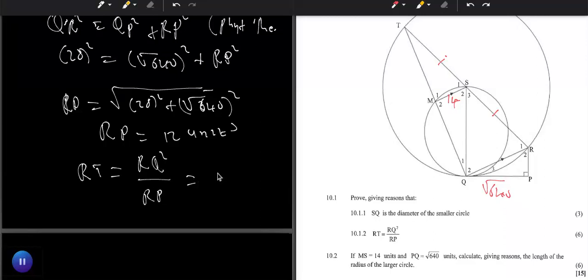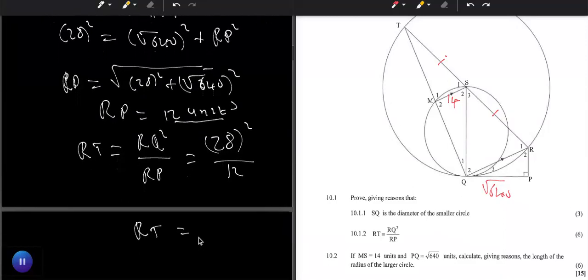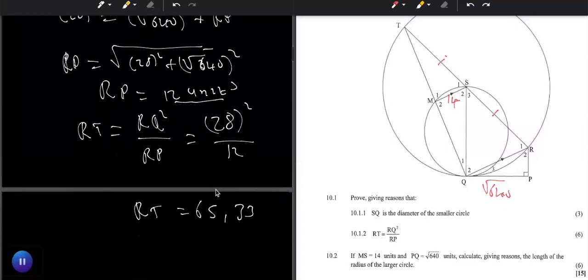Your RQ is 28, so it's going to be 28 squared over your RP. Your RP is calculated as 12 units, as we calculated over here. You're going to find that your RT is equal to 65.33.